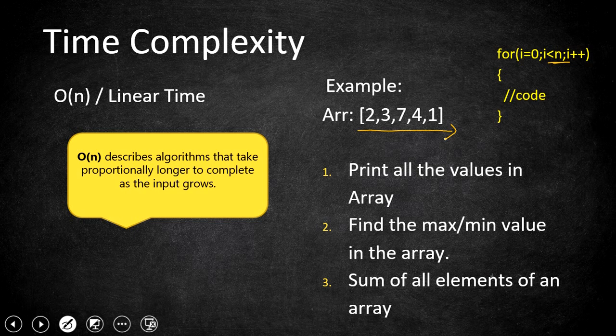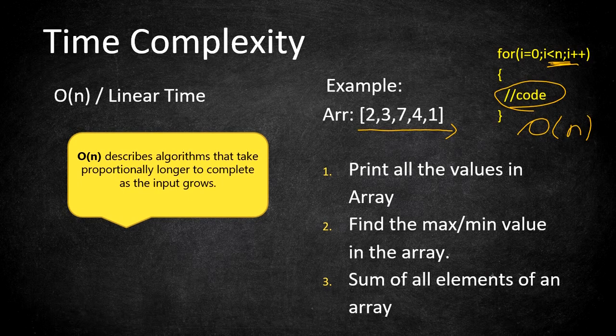So you are repeating the same code n number of times, which means it is going to take big O of n time to execute this particular code snippet. Moving to the second problem statement, which says find the maximum or the minimum element in the array. Unlike our previous example, our given array is not sorted.